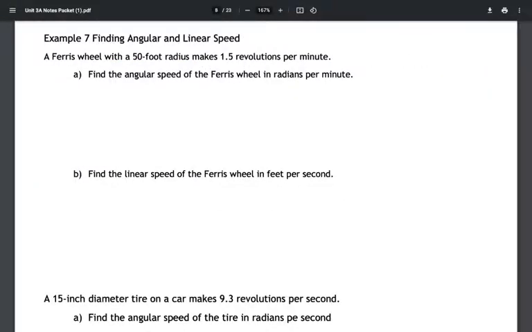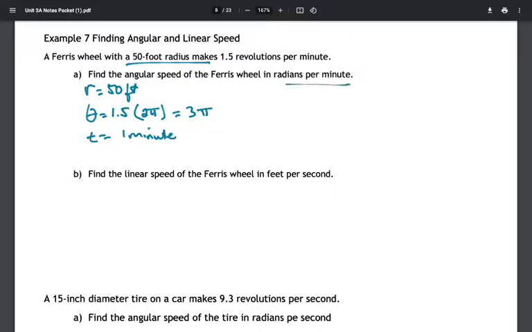Next example, we have a Ferris wheel with a radius of 50 feet. The angle is 1.5 times 2 pi, so 1.5 full circles, which gives you 3 pi. And the time it takes you to do that is 1 minute. And they want radians per minute, so we've got the units right on the time.